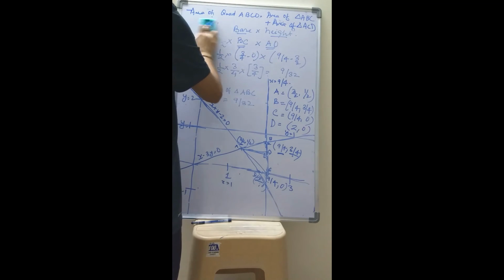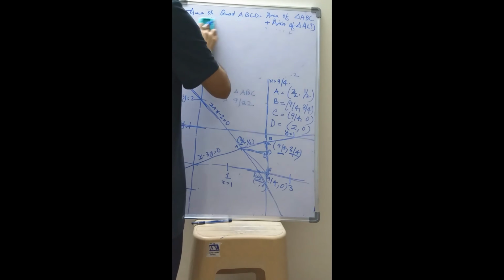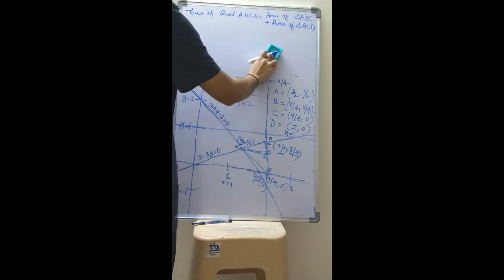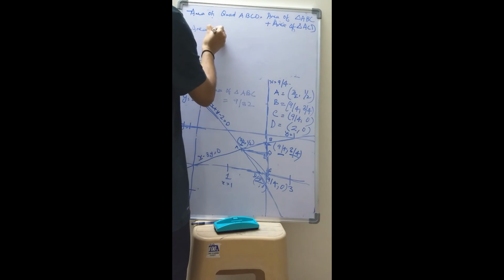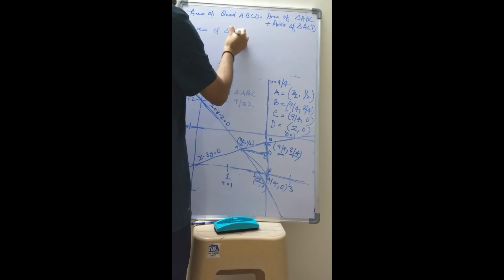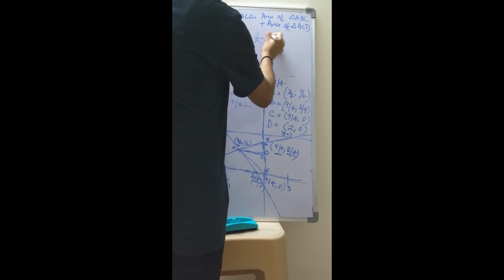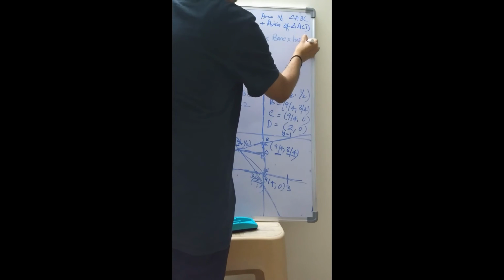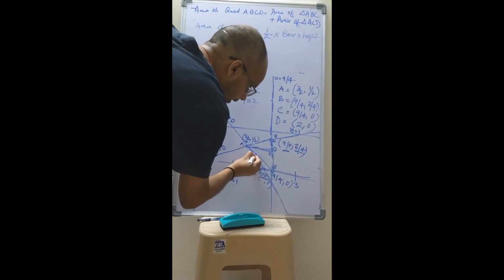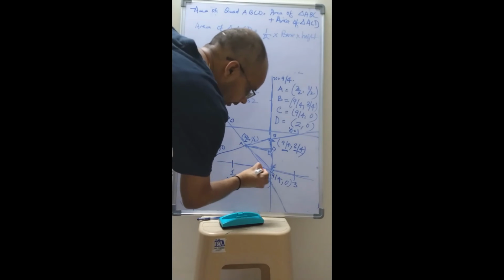Let me erase this. So now what is the area of triangle ACD? Same, it is also half into base into height. This portion is your ACD, right?